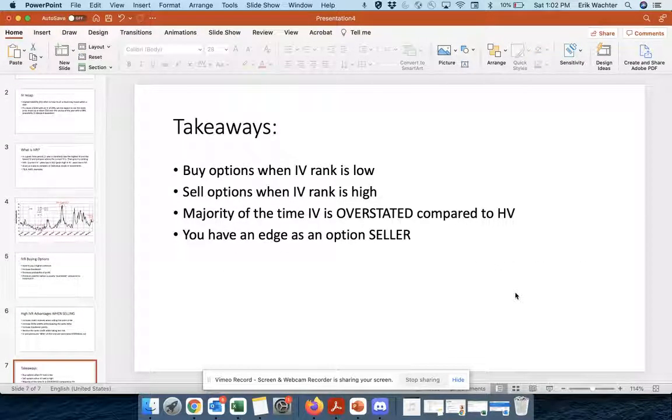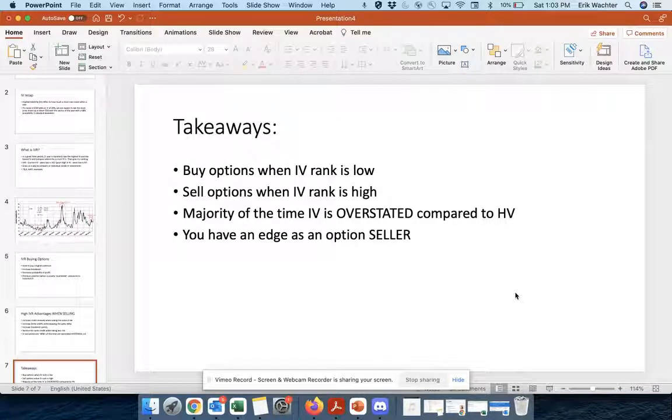Main takeaways. When being a buyer of options, when IV rank is low, that's the best time to buy options. You want to be a seller of options when IV rank is high, and we talked a lot about that. The majority of the time, IV is overstated compared to historical volatility.